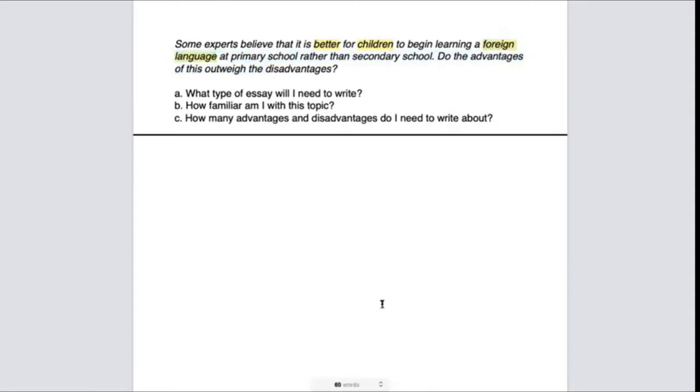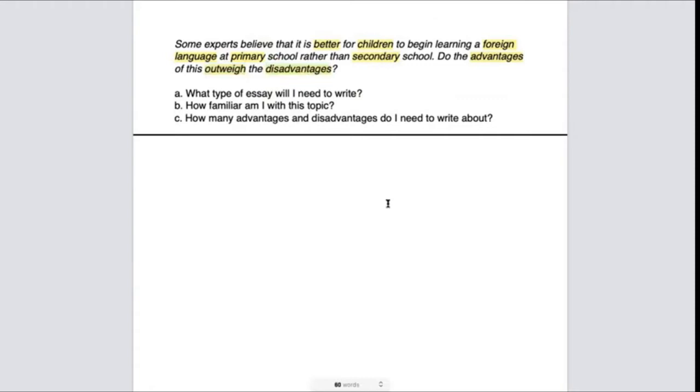So foreign language at primary school rather than secondary school. So these are the two varying points of the question. And of course, do the advantages outweigh, very important word, the disadvantages?